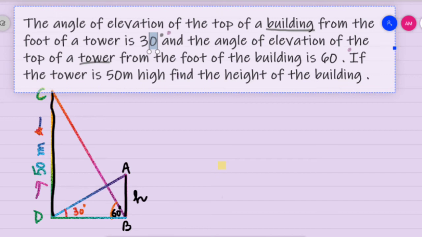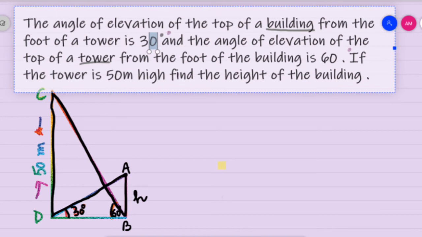From the foot of the tower to the top of the building, the angle of elevation is 30 degree. Isn't it? Angle of elevation is 30 degree. And from the foot of the building to the top of the tower, the angle of elevation is 60 degree.